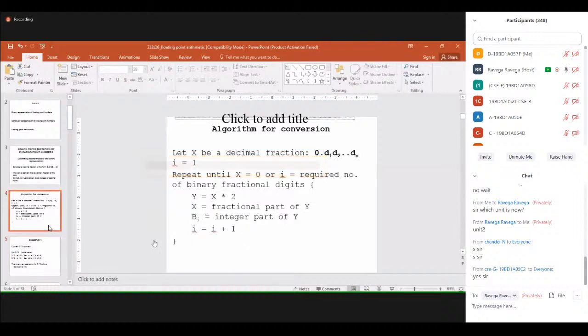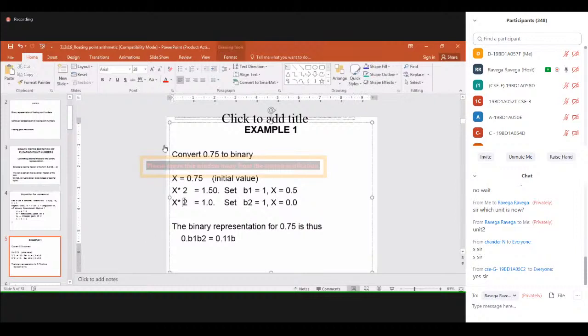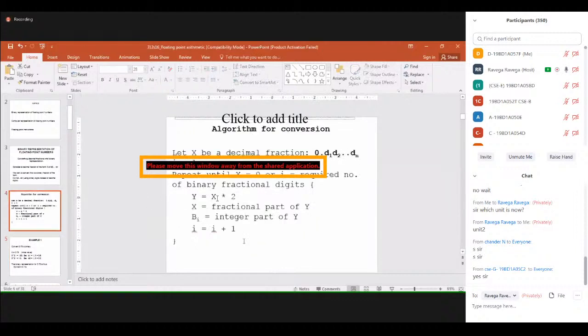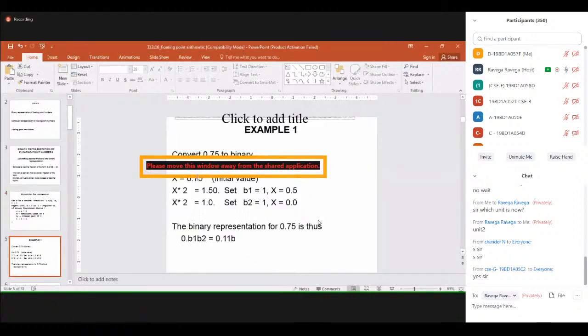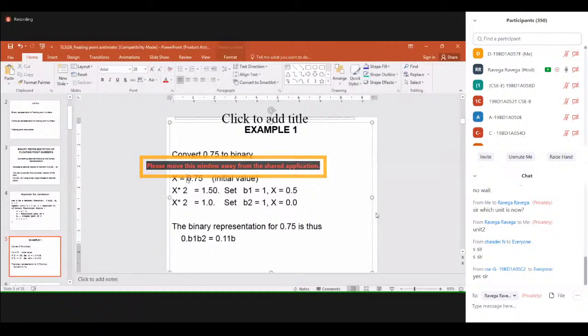Now we implement this algorithm with an example: x equals 0.75. You are converting this decimal number into binary, so you multiply with 2 according to the algorithm. 0.75 is the initial value, 0.75 into 2 is 1.50.